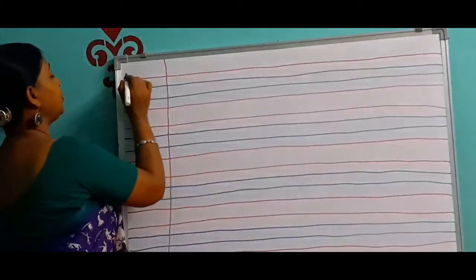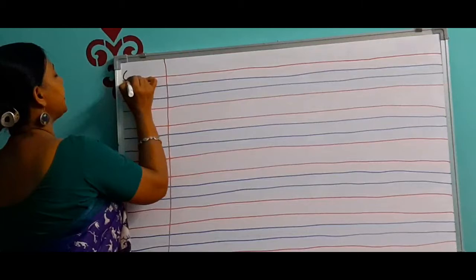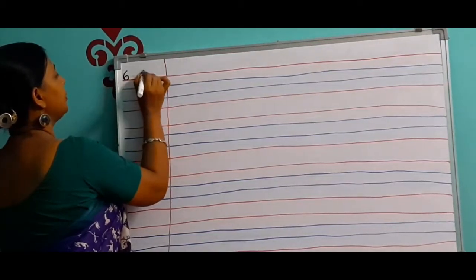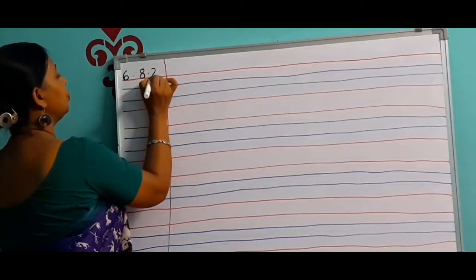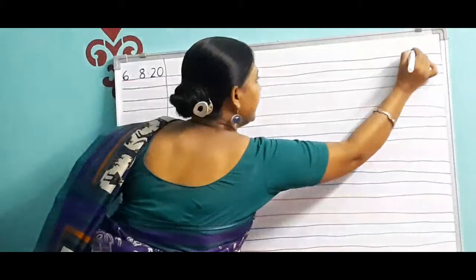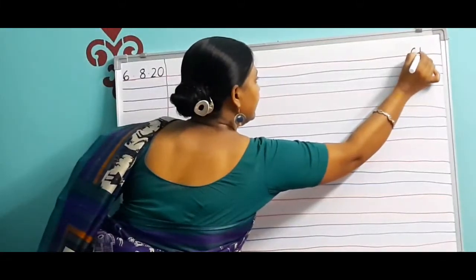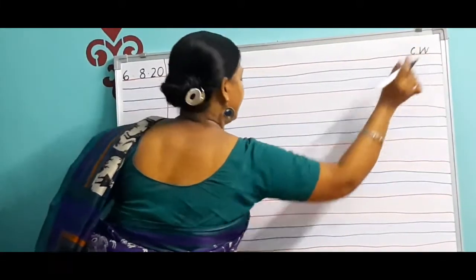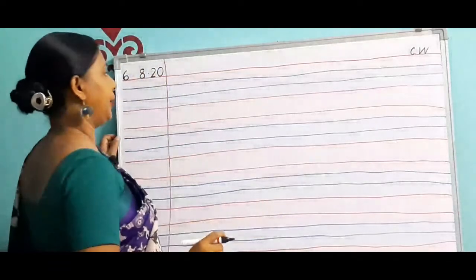You will write over here 6.8.20 and CW. Okay.